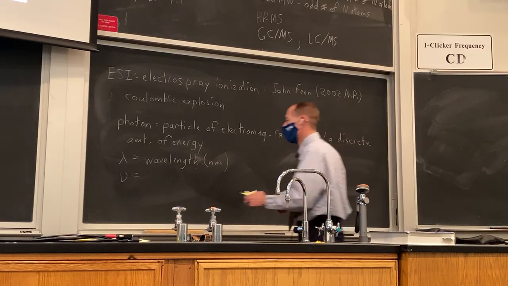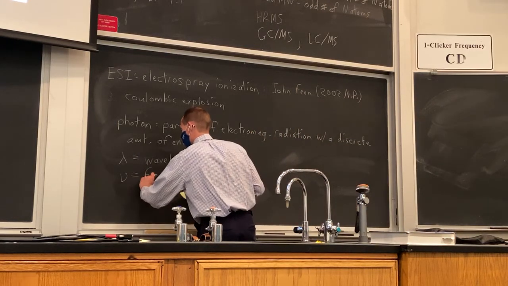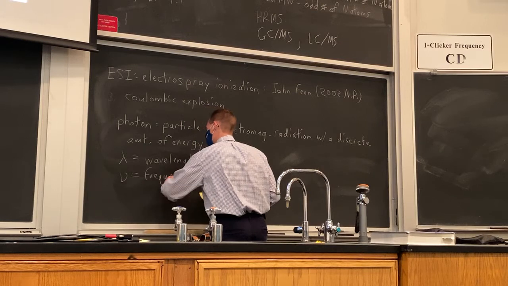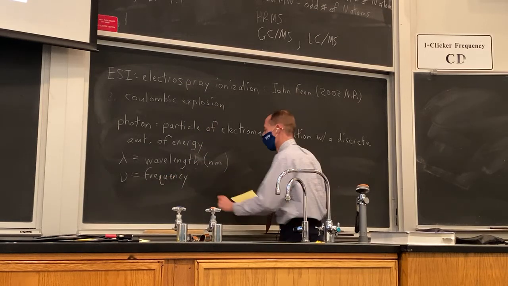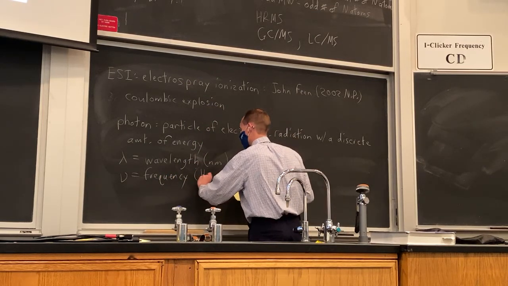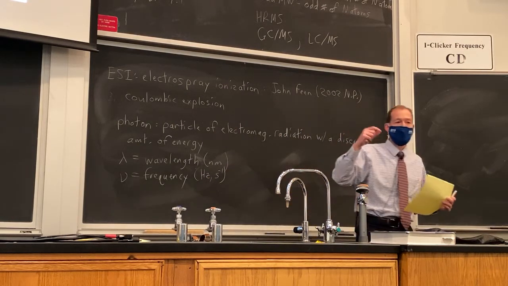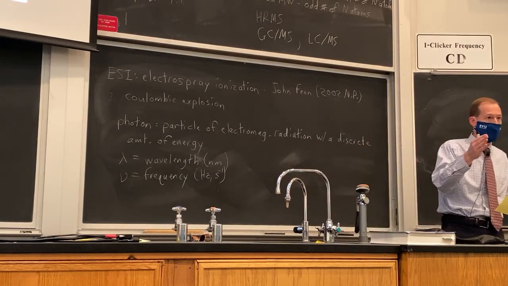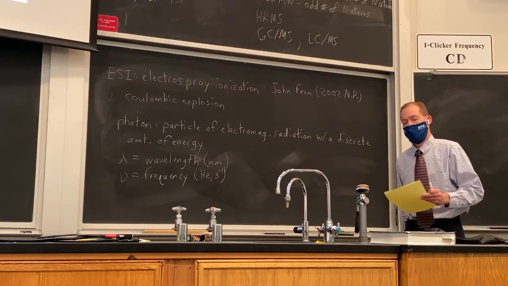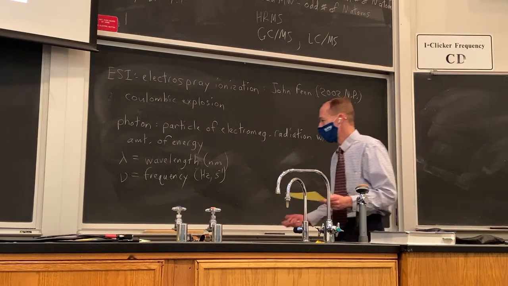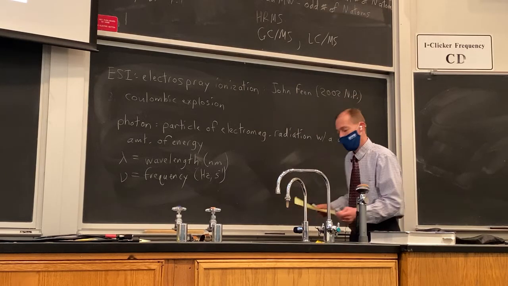That represents frequency. And what are our units of frequency? They're hertz, which is inverse seconds. The number of peaks or troughs of your wave that passes a given spot in a second is going to be frequency. So a couple of equations.